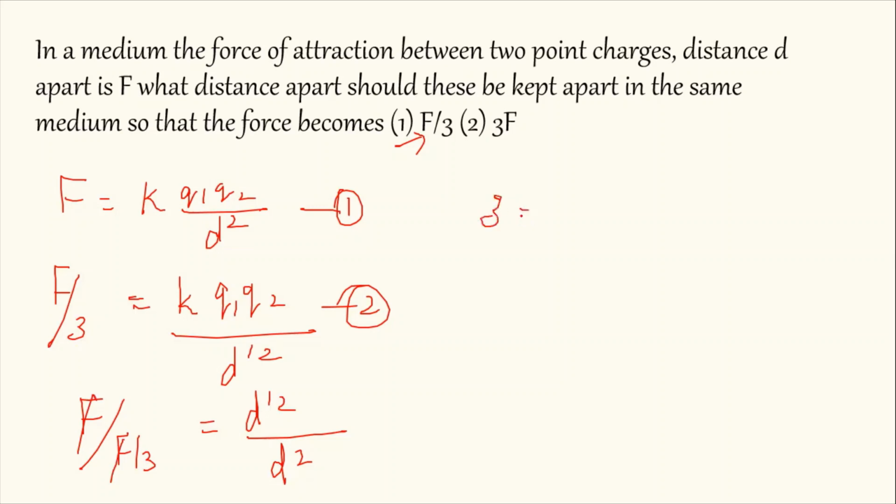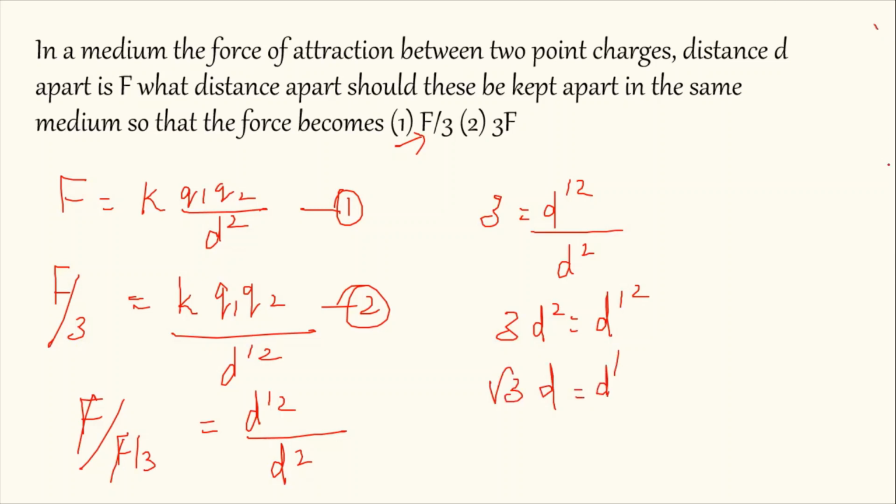So now you will get 3 is equal to d dash square by d square. So 3d square will be your d dash square. Now, but we need only d dash, right? New distance. So you need to take the square root. It will be root 3 d is equal to d dash.